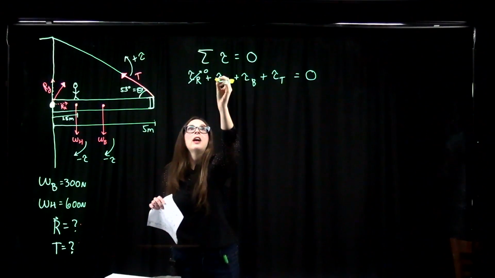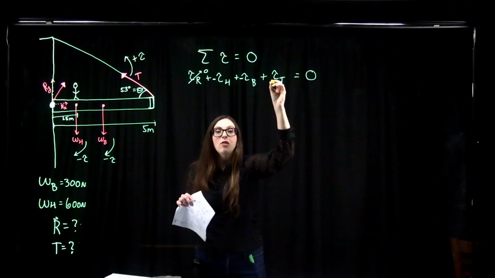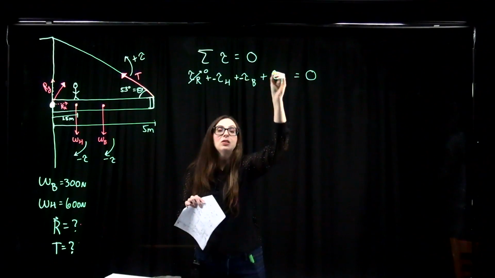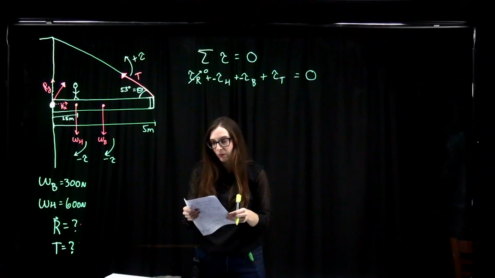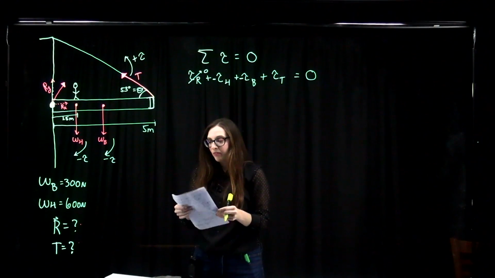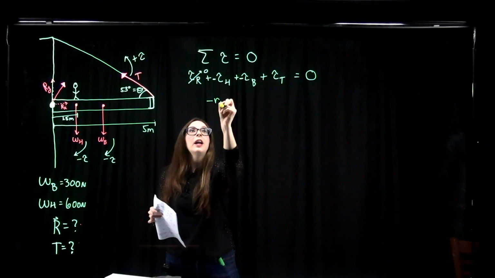So we're actually going to have minus the torque from the human's weight, minus the torque from the weight of the beam, plus the torque from this cable here has to equal 0. So we've got, I'm going to call this, minus RH.